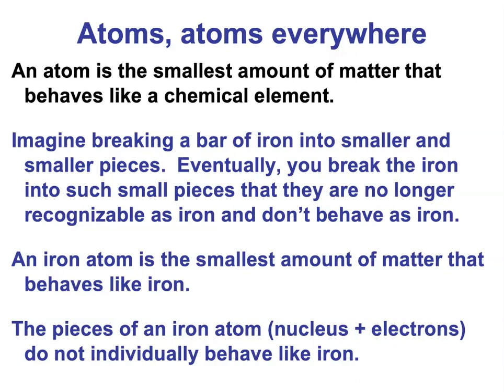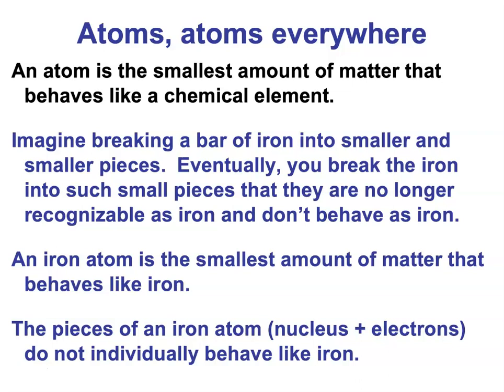And if you took one of those smaller bars and broke it in half, you'd have an even smaller bar of iron. And if you just kept breaking them into smaller and smaller slices, you would have a smaller amount of iron, but it would still be iron. It would still chemically react and conduct electricity and all those other things like iron does. Until you finally get down to a single atom of iron.